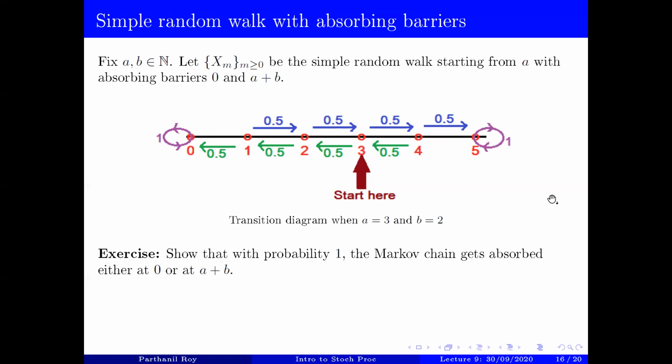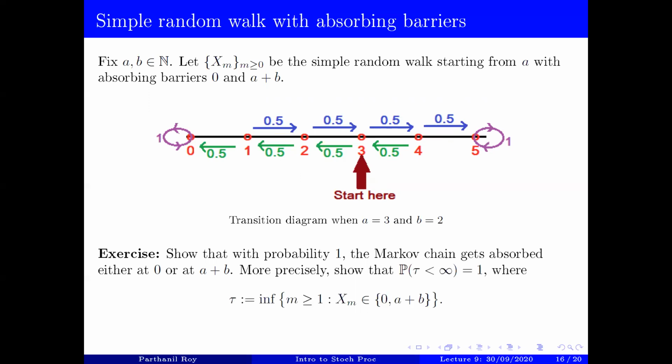This can happen, but what it is saying is that this will happen with probability 0. So you cannot just stay between 1 and 4 forever. So show that with probability 1, the Markov chain actually gets absorbed either at the left endpoint or at the right endpoint of this picture.